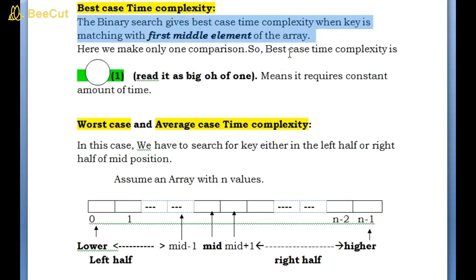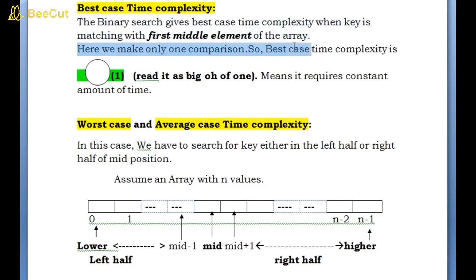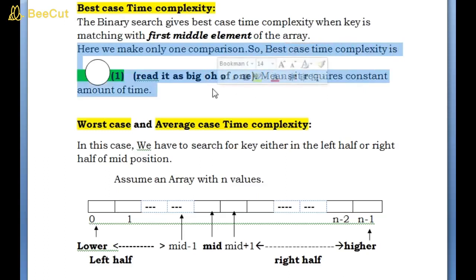When you calculate the first middle position and compare the key value with the first middle element of the array, if both are matching, then we say that key is found. So how many comparisons do we make here? We make only one comparison. So best case time complexity is big O of 1, meaning it requires a constant amount of time.